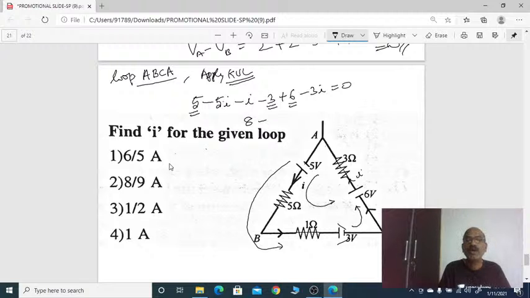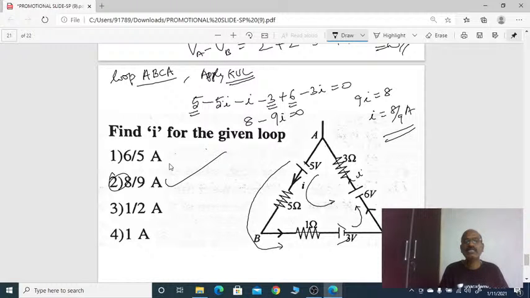Minus 5I minus I, 6I, minus 3, minus 9I equals 0. That's it. So 9I equals 8. I equals 8 by 9 ampere. So option 2 is the correct one. You just need to apply Kirchhoff's voltage law with the proper sign convention, and you can find it easily, right?